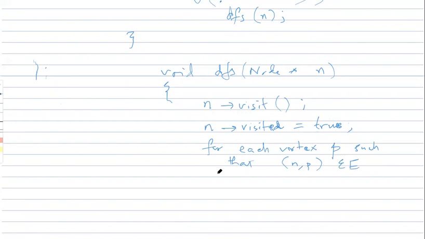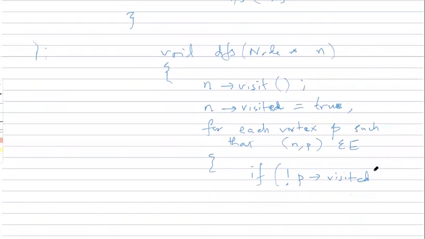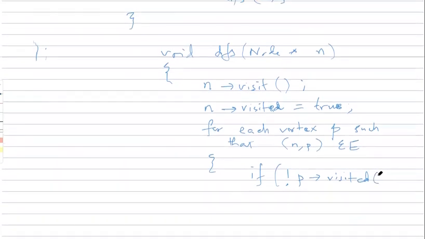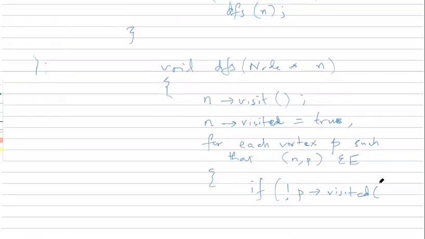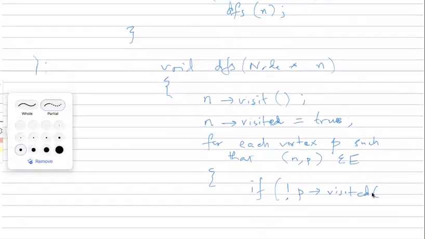What do we do? We have to check whether p has been already visited or not. So if p is visited, so this visited is a function that's going to return whether it is true or not. So we can just use it as a variable.